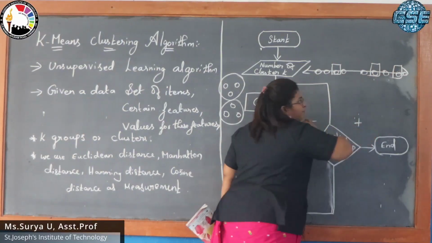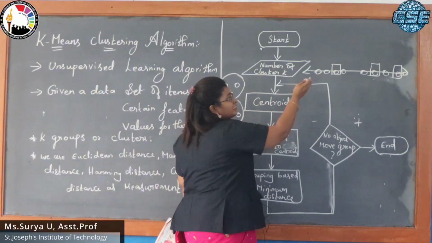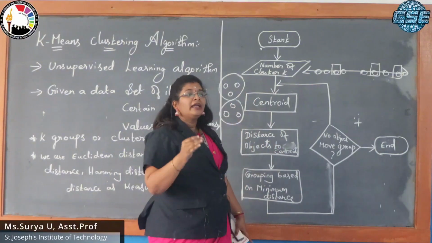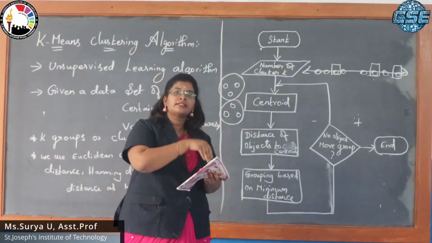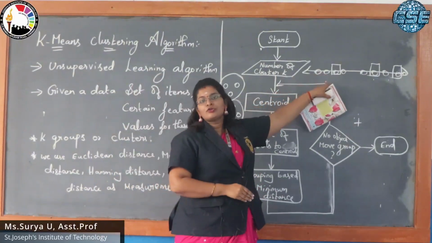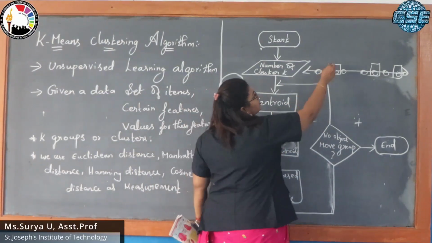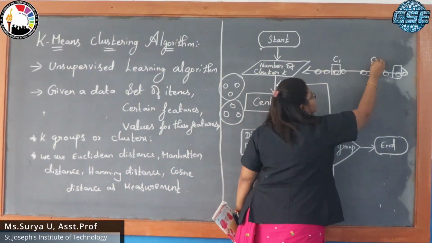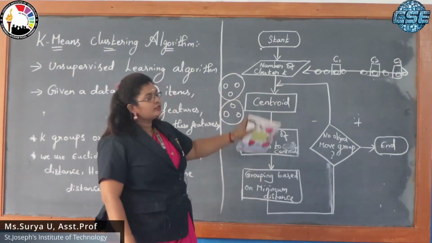This purely depends on you. You can choose any of your points as centroids. In case your question paper mentions the center points, then you have to choose those centroid points. Else you can choose your own. I am taking this as one centroid, this is another and this is the third one. You can choose anything.